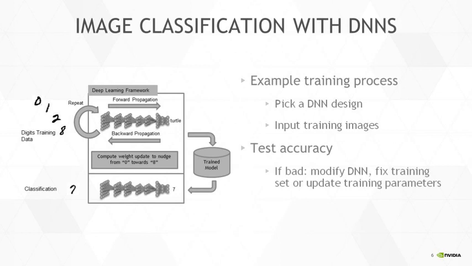Okay, so image classification with DNNs. Here's just another example slide that shows you what the process is. When you think about wanting to apply your data to a convolutional neural network and see if you can use this large amount of data to get intelligent information out of it or perform classification, there's a couple steps involved.